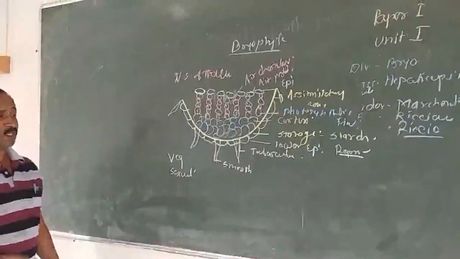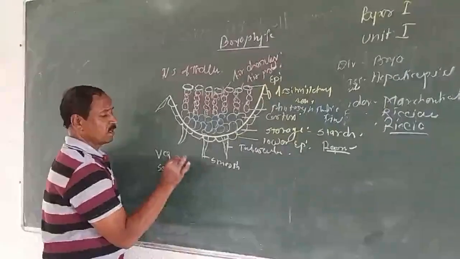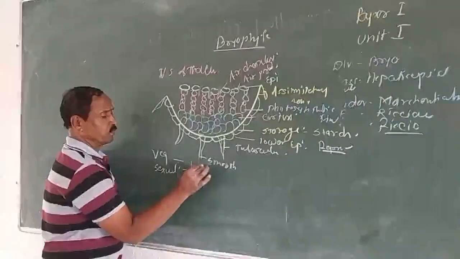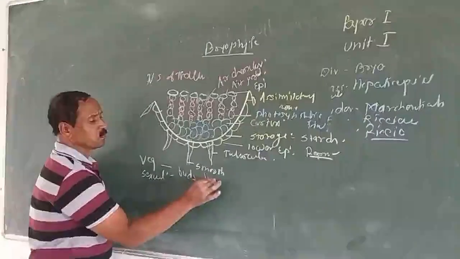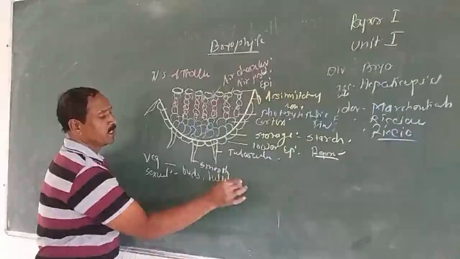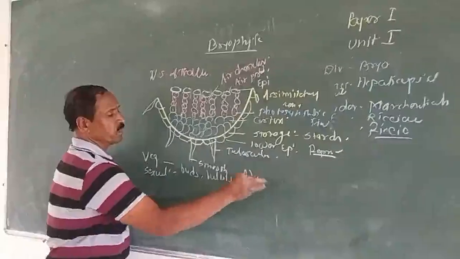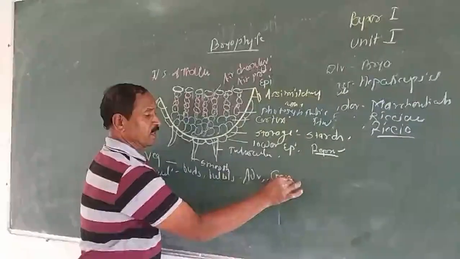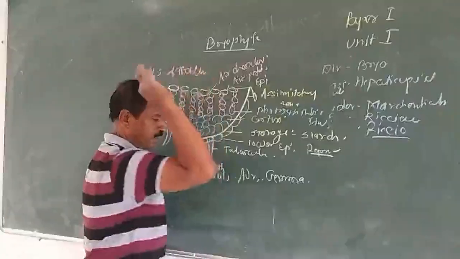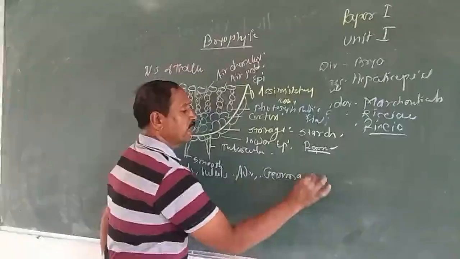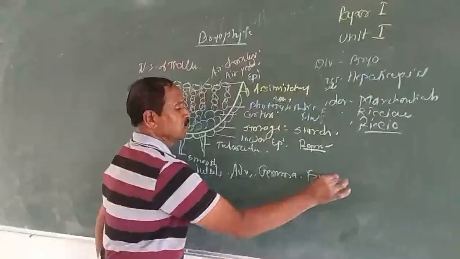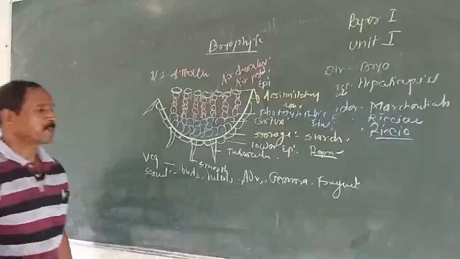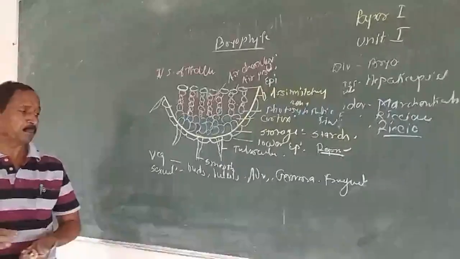In vegetative methods, there are tubers, bulbils, then adventitious branches, then gemmae or gemma, and fragmentation. So, five types of the vegetative reproduction.